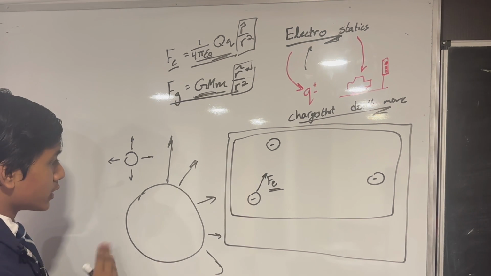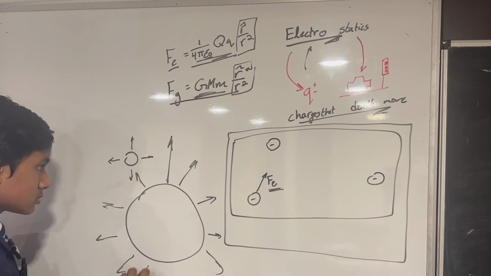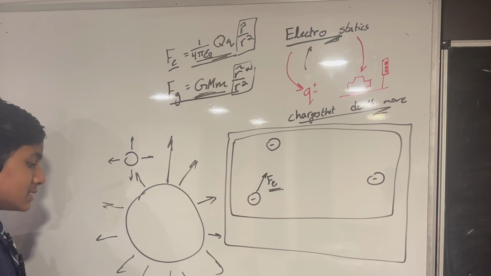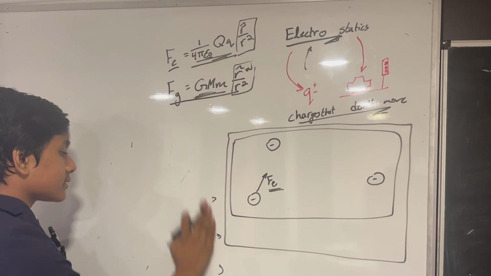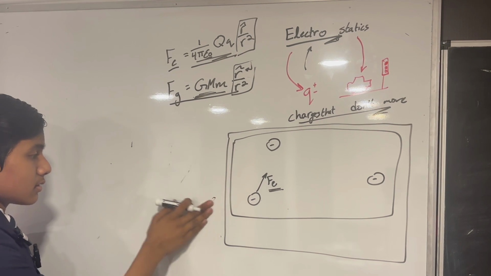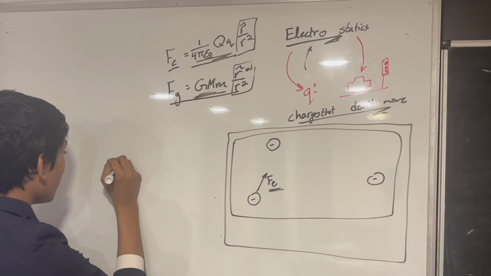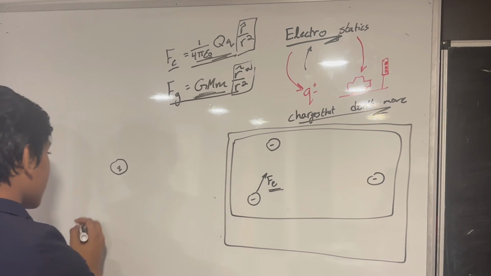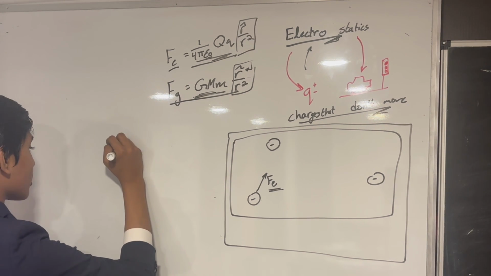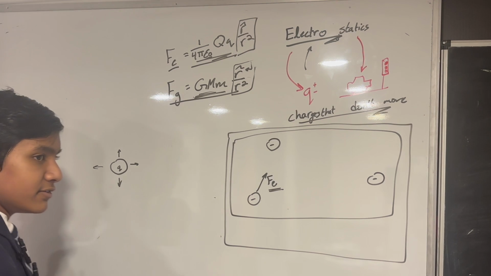We'll talk about these weird arrows in a minute. Similar to that, charge is such that if you have something with very small charge, and no, charge has nothing to do with size, if you have something with very small charge, it's going to exert a relatively light electric field.